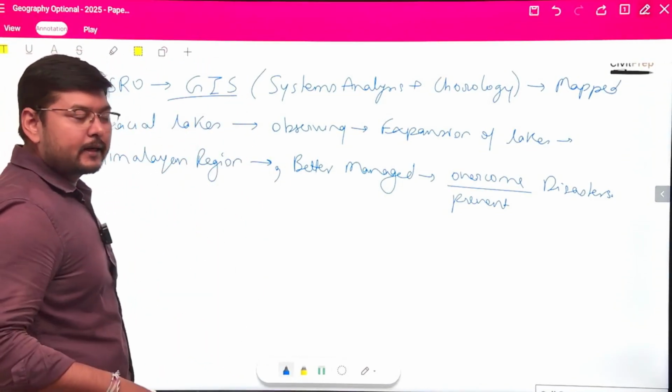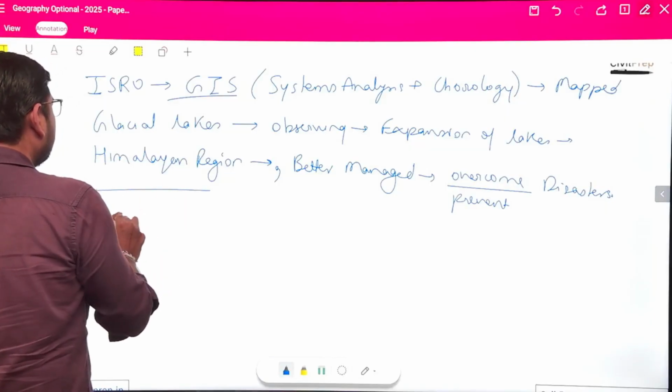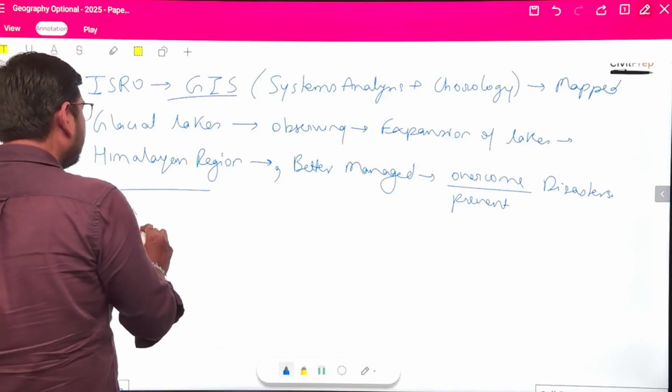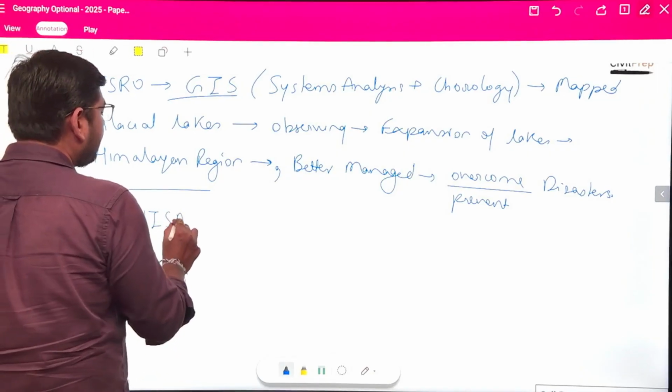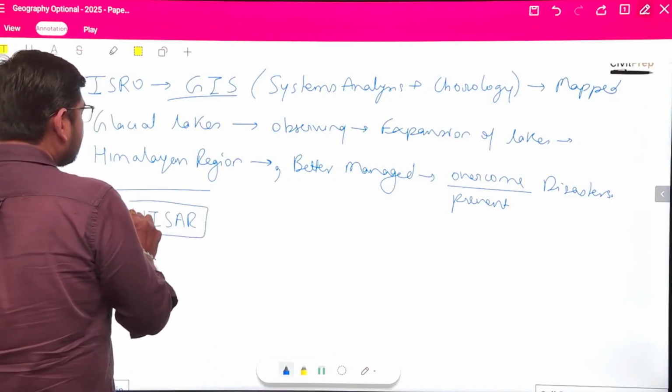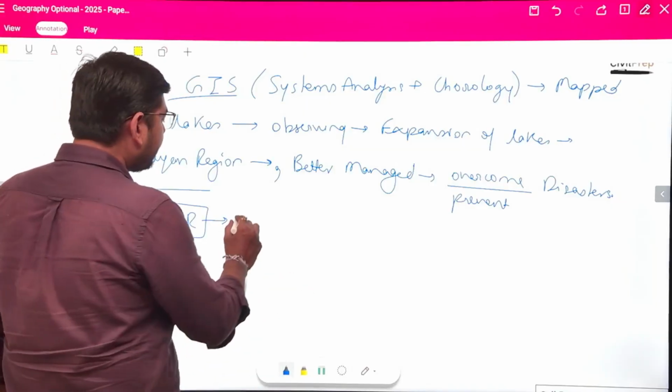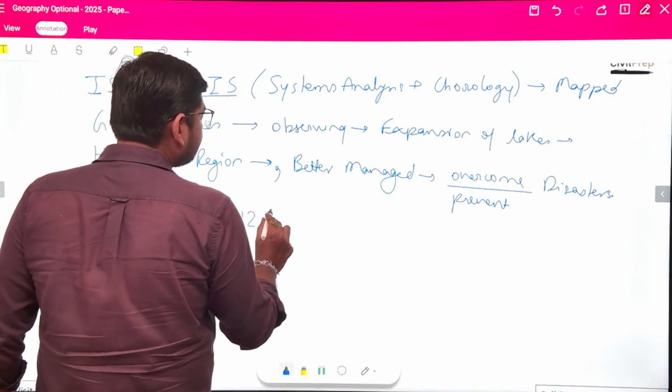So in the contemporary time, we will also see that NASA and ISRO have put forward the NISAR satellite system. This NISAR satellite system completes its orbital revolution every 12 days.